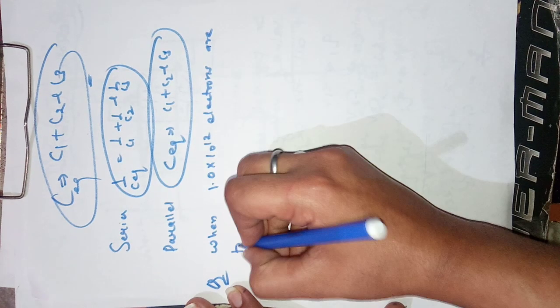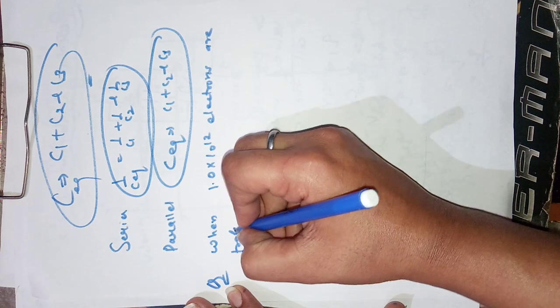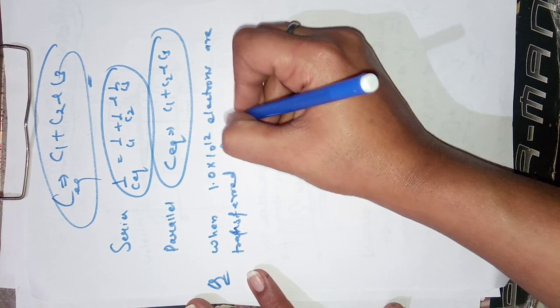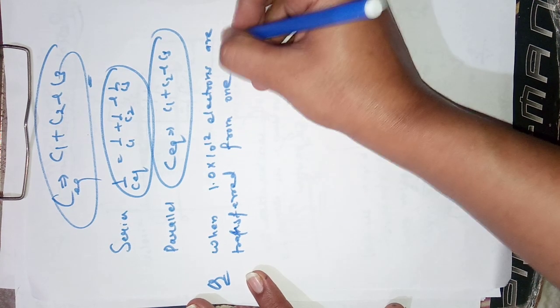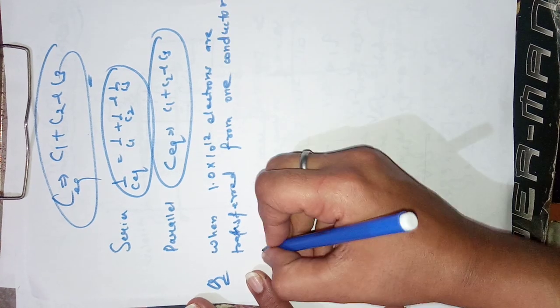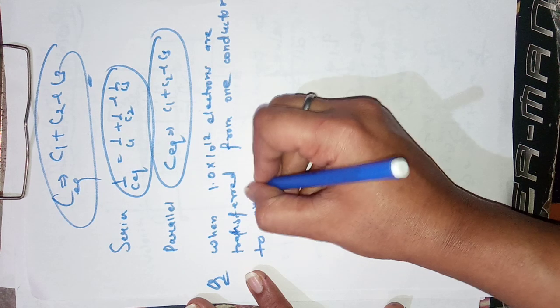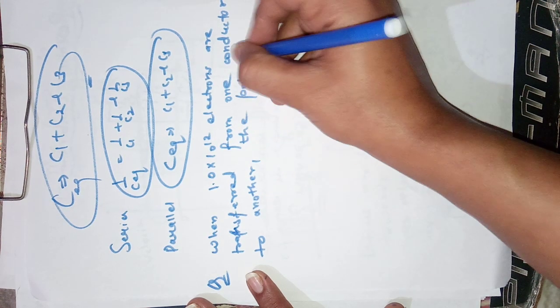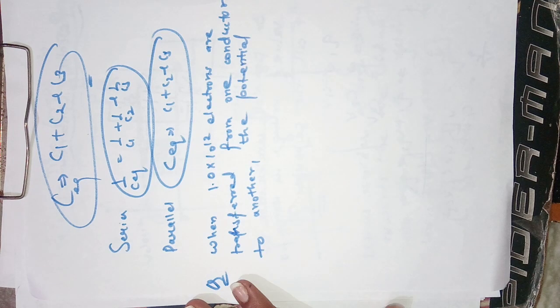are transferred from one conductor to another, the potential, meaning the value of voltage, is given to you.